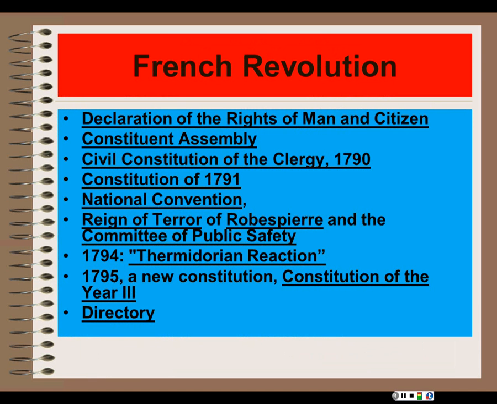In August of 1789, the National Assembly ended all special privileges of the nobility and passed the Declaration of the Rights of Man and Citizen, which claimed that all men were equal and free to practice their own religion. The National Assembly began calling itself the Constituent Assembly because it was writing a constitution for France.